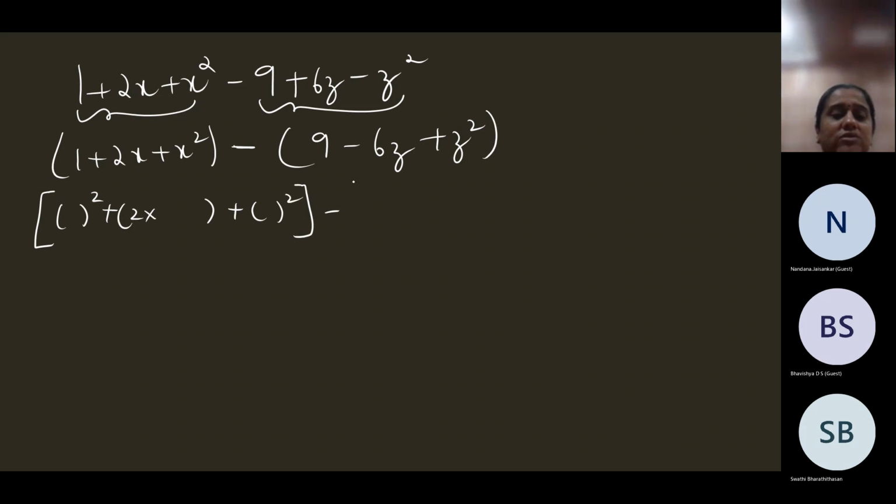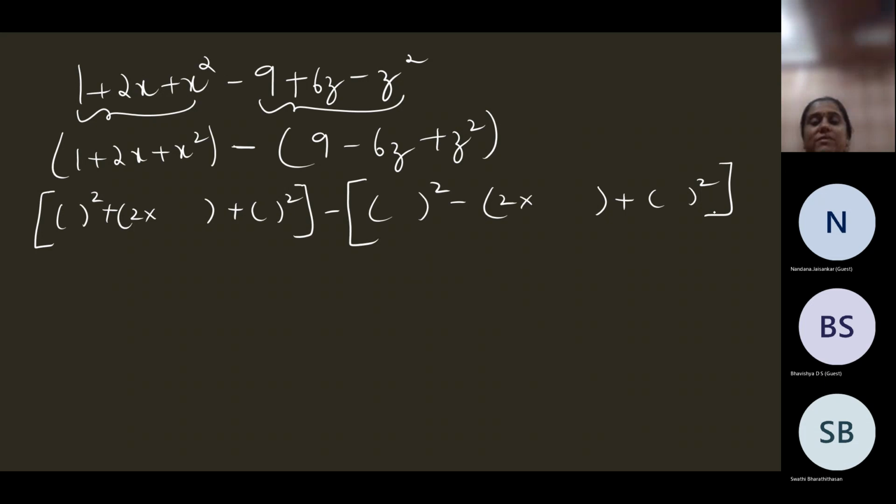In the second bracket also, it is like a square minus 2ab plus b square. Observe the brackets, children. See what I've written. A square, b square, plus 2ab. A square, b square, minus 2ab. There's a minus outside, so the signs will change inside the bracket, I told you.